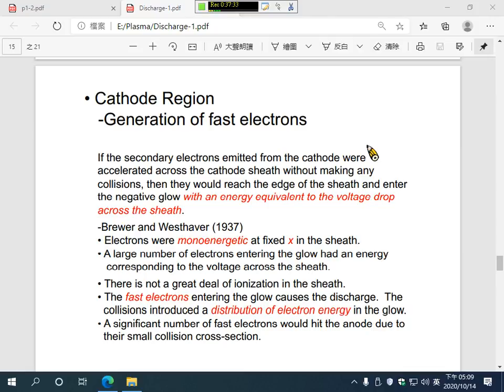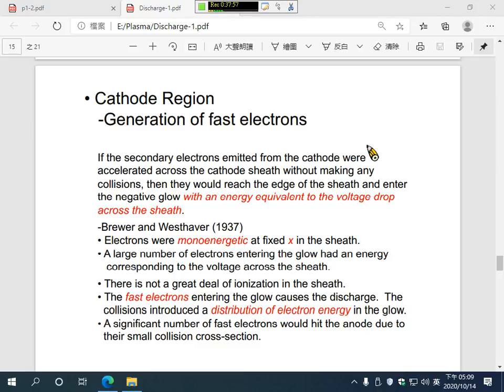So if you use the DC power supply to provide 600 volts of potential difference, the cathode fall will be a little bit larger than 600 volts, right? It is 600 volts plus the plasma potential.